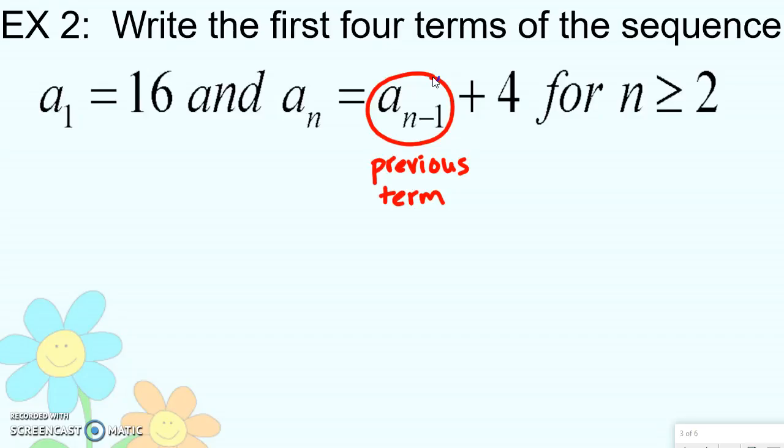Notice that we're defined where n is greater than or equal to 2, because when you plug in for n, 2 minus 1 would give you 1, your first term. And it already lists our first term for us as 16.